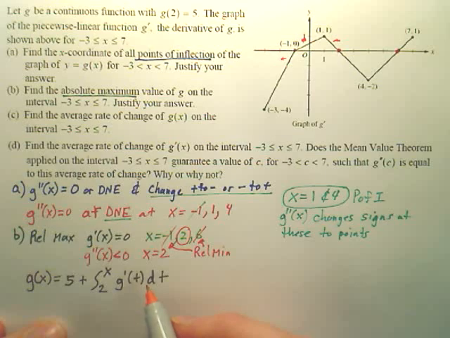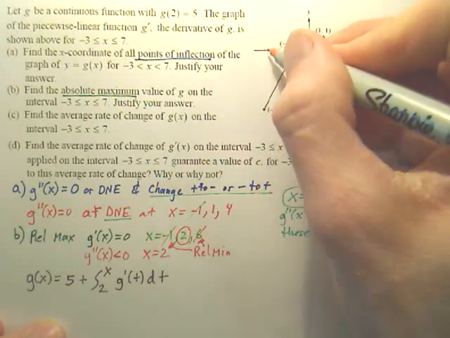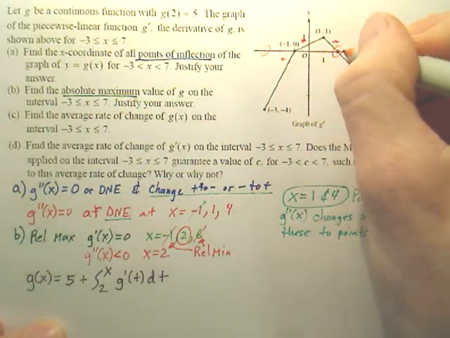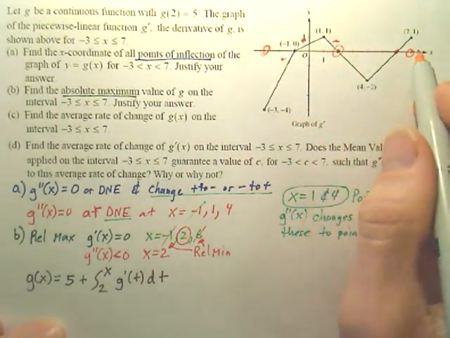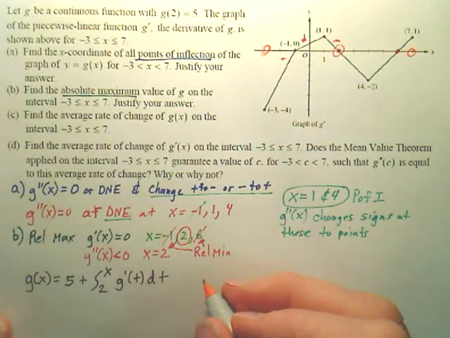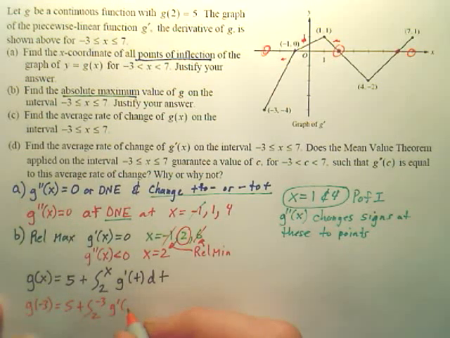So what values do we need to check? The three values to check are negative 3, 2, and 7. So we plug in negative 3: g of negative 3 equals 5 plus the integral from negative 3 to 2 of g prime t dt.